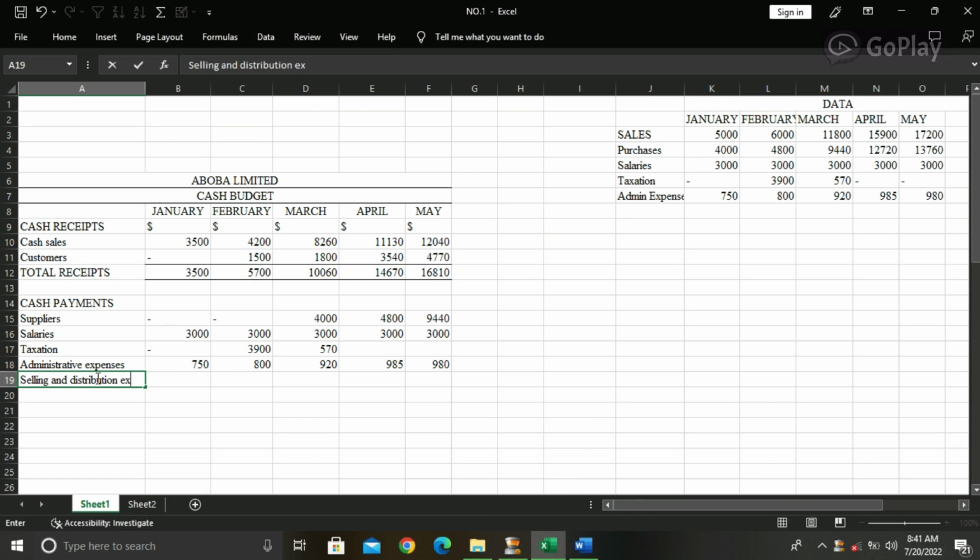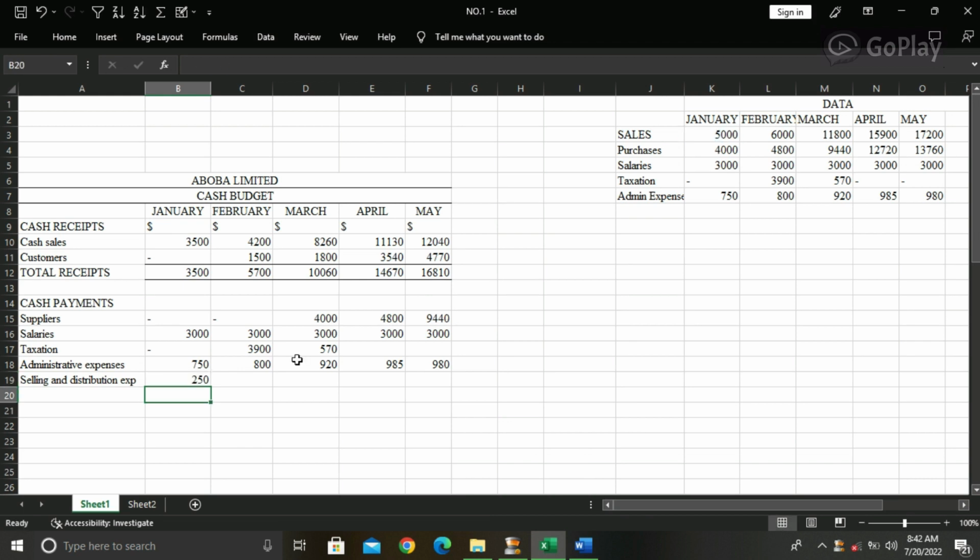Which is 5% of each month's sales, not 5% of each month's cash receipt, but 5% of the sales in our data here. So we are going to calculate 5% of our sales figure. You can use your scientific calculator to calculate it.